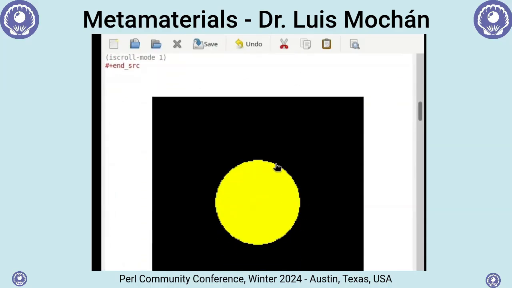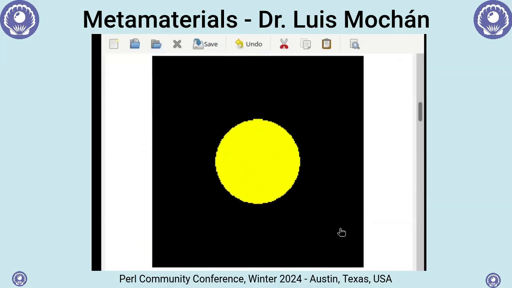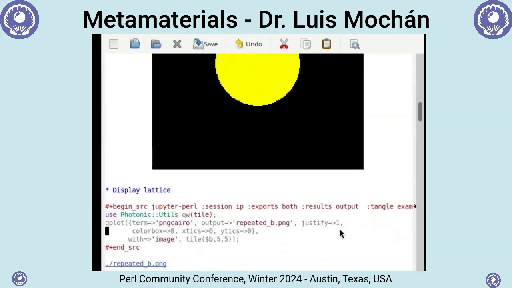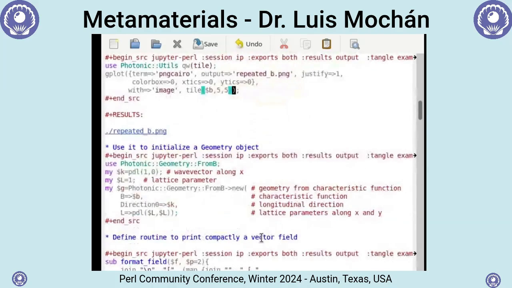You have this kind of jagged edge. This is a 201 times 201 array. So it looks much better than the previous one. Now what I'll do here is I use a utility function, which I call tile, just to make several copies of the unit cell.